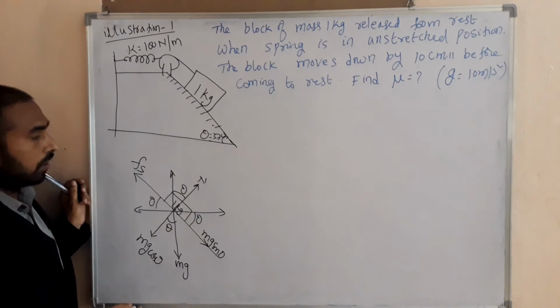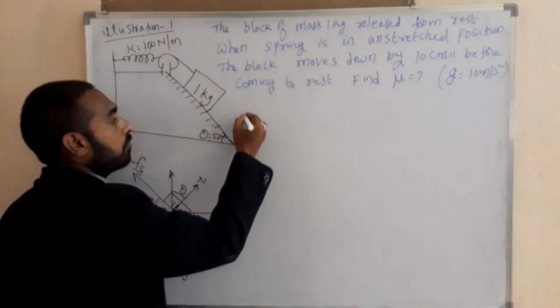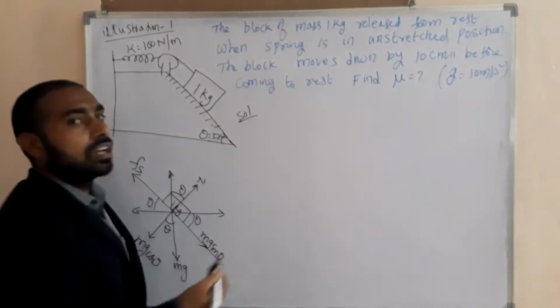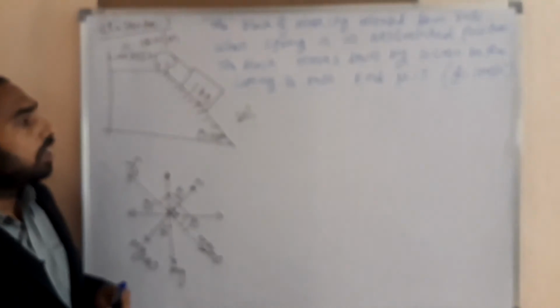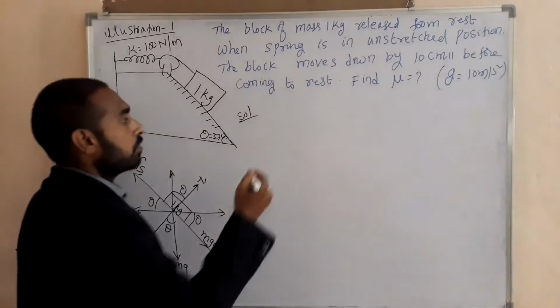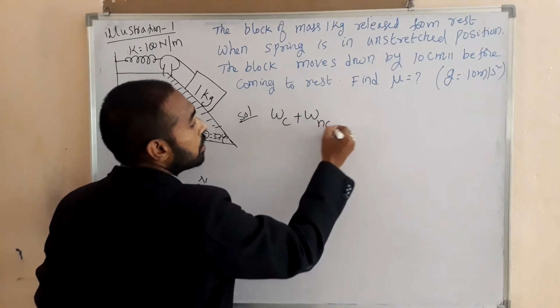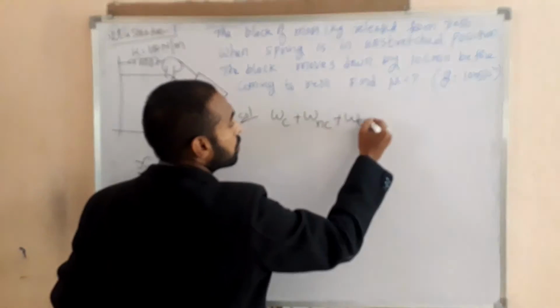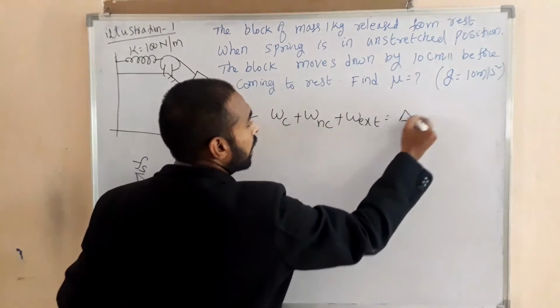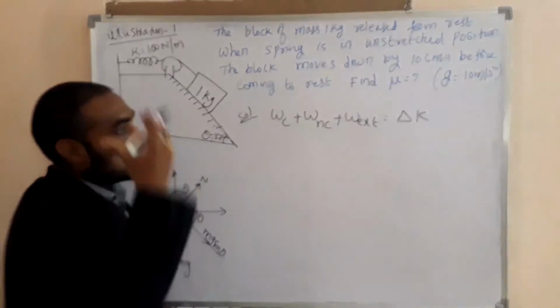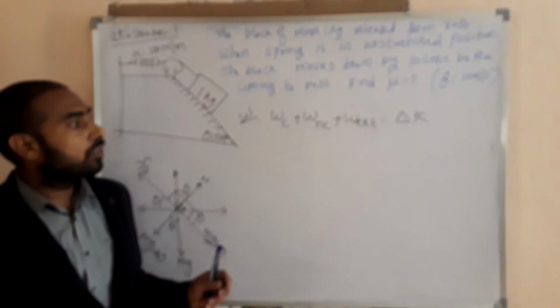Now I will write the statement for the work energy theorem, because I would like to solve this numerical using the work energy theorem. Work done by the conservative force, work done by the non-conservative force, and work done by the external force is equal to change in kinetic energy. Here there is no external force.